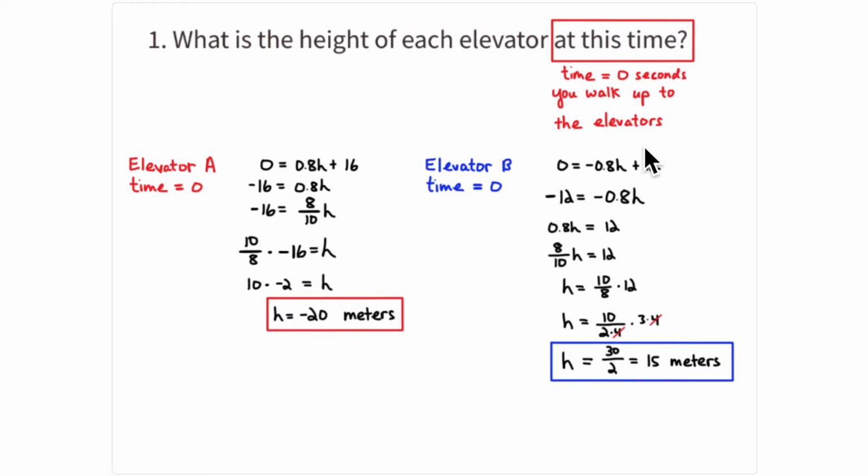So this is added 12 seconds here. This is how much time it takes to get to you after time 0, but it's a negative 12 seconds to get from ground level to that 15 meters up in the air. So you go through the arithmetic and you figure out that at time 0, the height of the elevator is 15 meters.